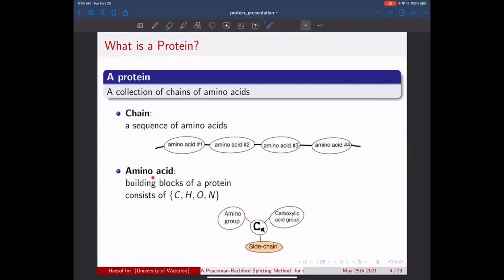We have all heard of the name amino acid. It's in fact coming from these 2 groups. The word amino comes from this amino group, and acid comes from the carboxylic acid group. But what we're going to focus on today is this object called side chain. This is a group of atoms anchored to this alpha carbon.